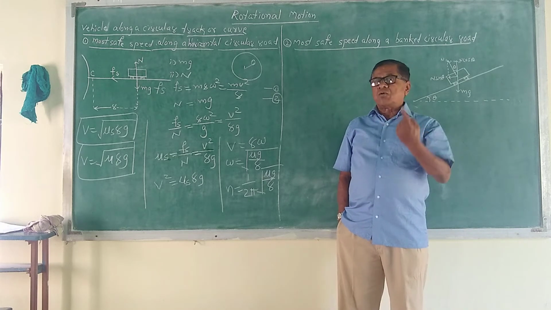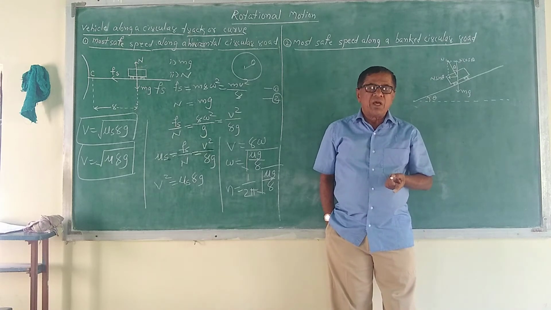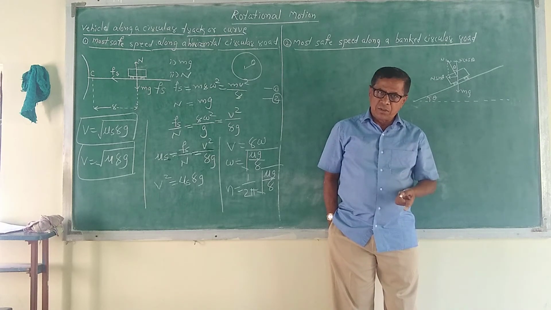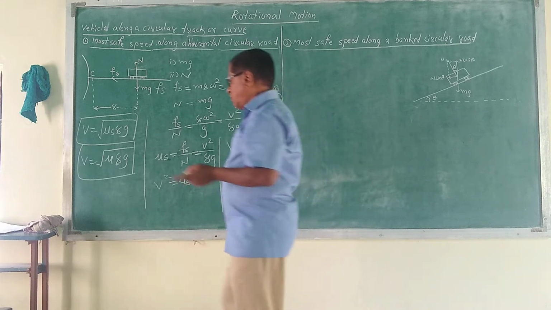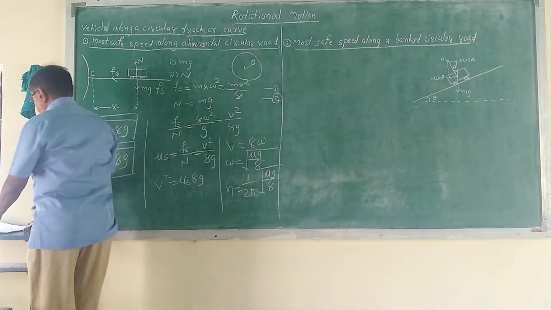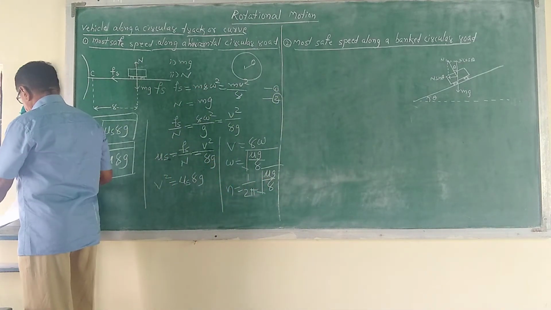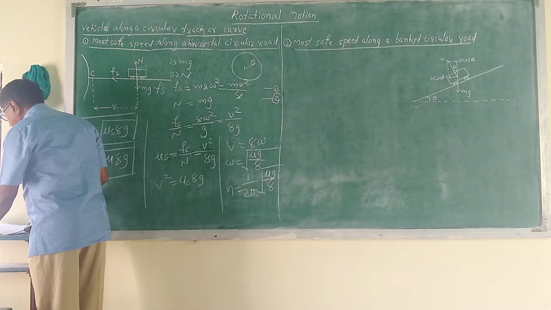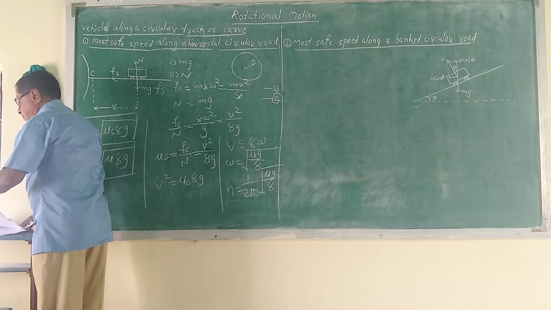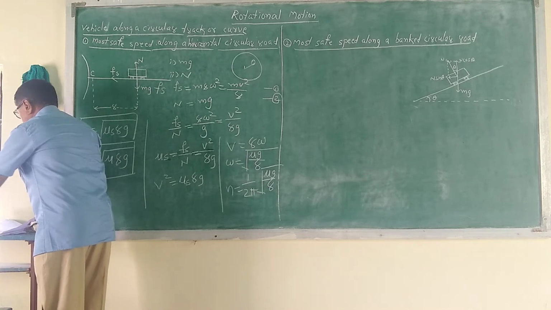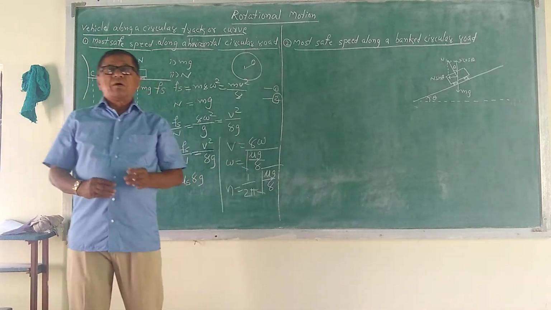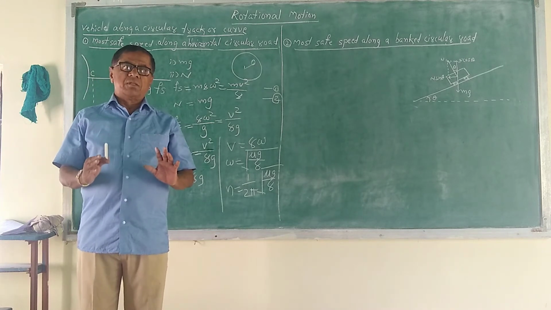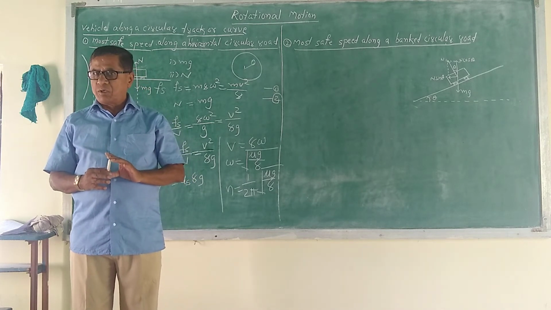Now the question in the book is: why are curved roads banked? That is the question in our book.